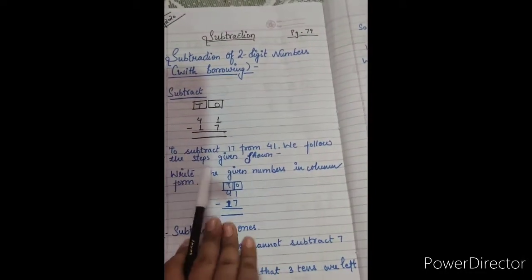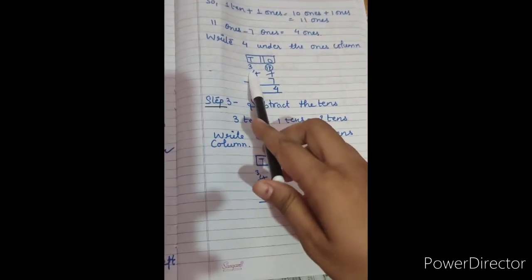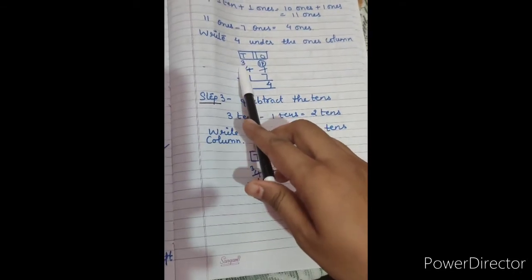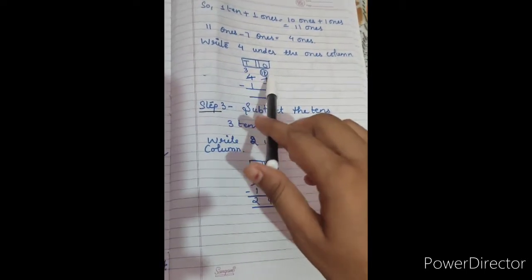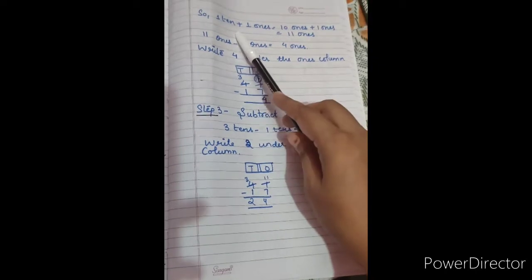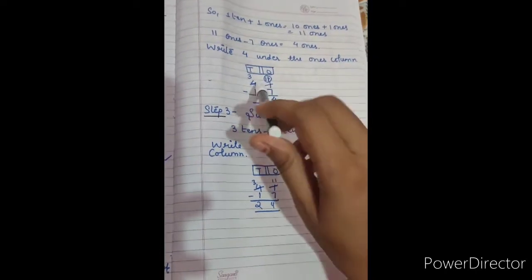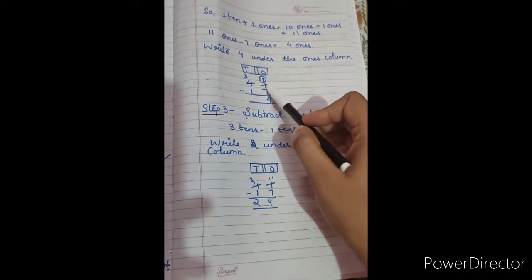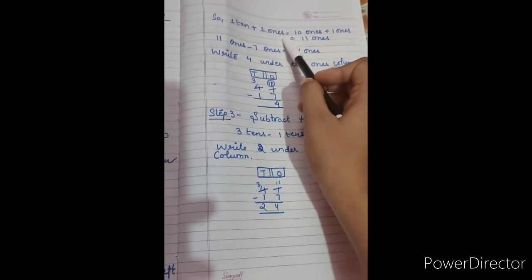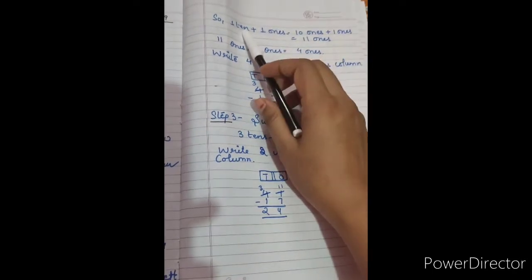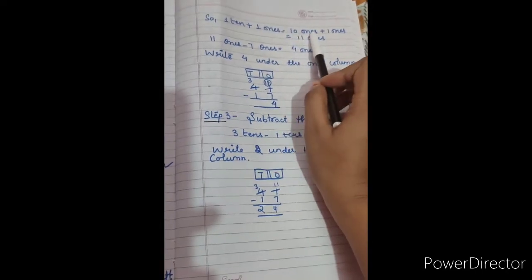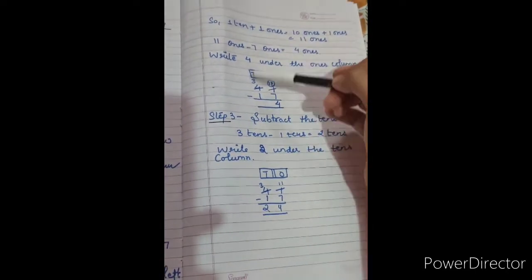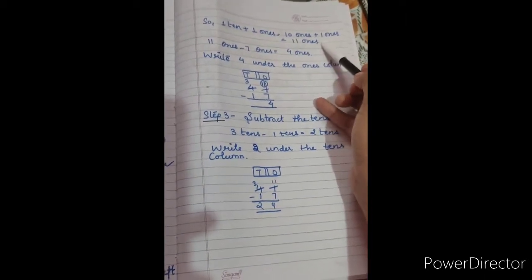Borrowing 1 ten, it becomes 10 ones, plus the 1 ones that are already in the ones place. So 10 ones plus 1 ones is 11 ones, right?